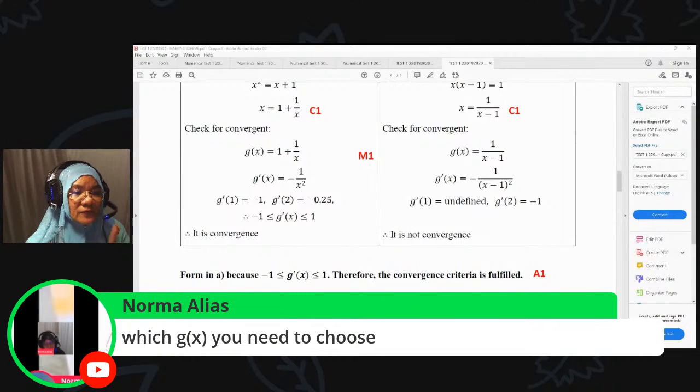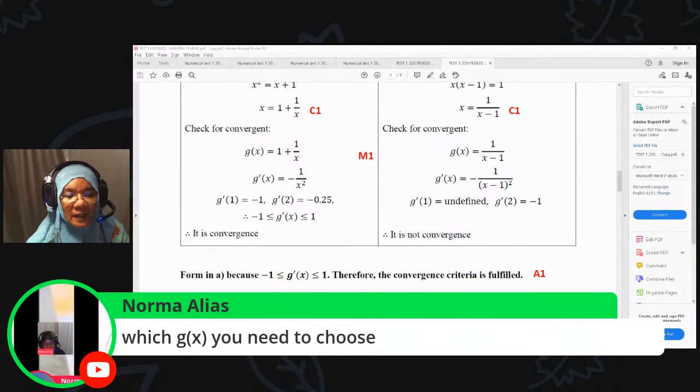You need to know the first derivative of 1 plus 1 over x is -1 over x squared. G prime here is -1 over (x minus 1) squared. You are familiar with the first derivative of g. So the first g will be our focus, because this g, 1 plus 1 over x, converges. Now apply the fixed point iterative method.